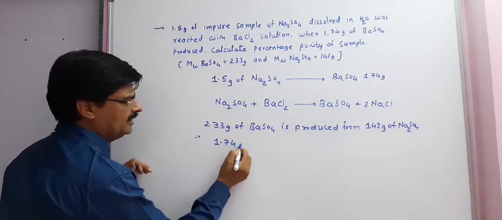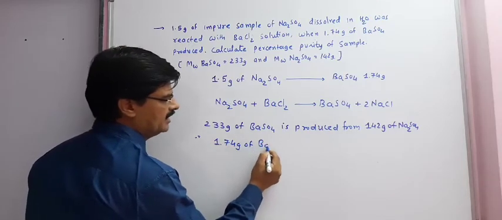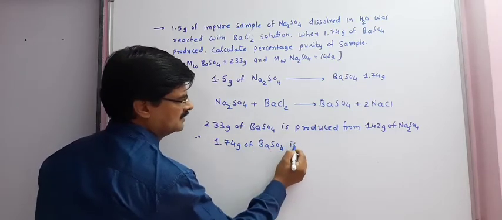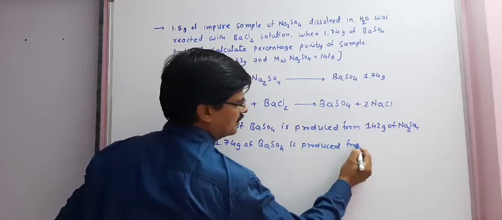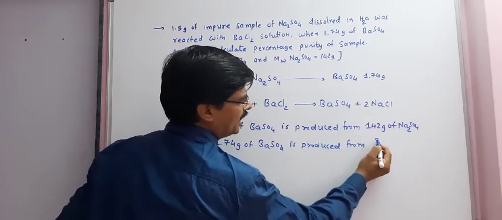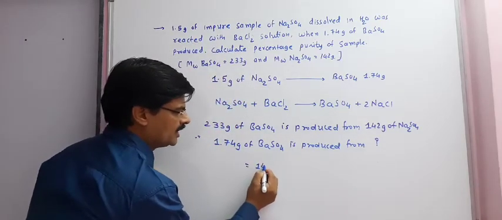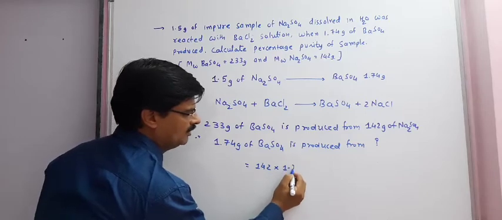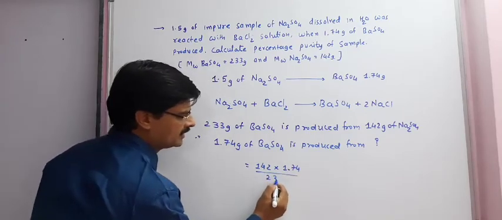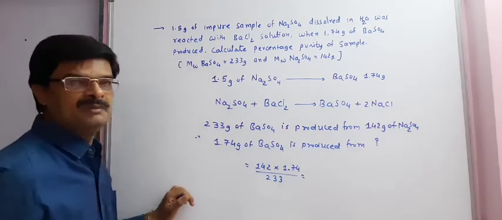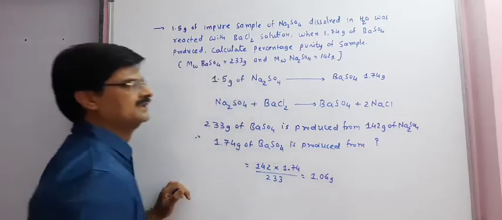So 1.74 gram of barium sulfate is produced from what mass of Na2SO4? 142 into 1.74 divided by 233. On simplification, we will get 1.06 gram.